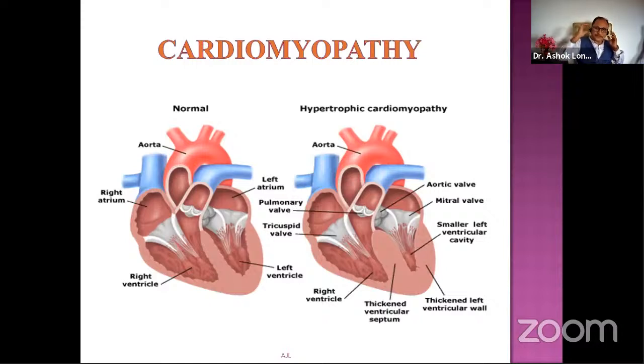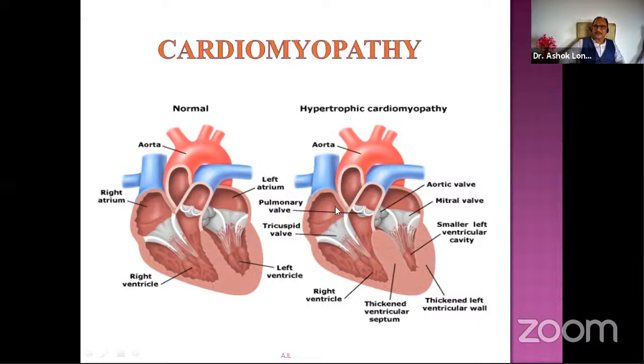So these are the diagrams. What you can see here is a normal heart. I will show you all the PPTs, but it's a little fast. This is a thickened ventricular septum and even a thickened left ventricular wall. Now this is natural, we know.